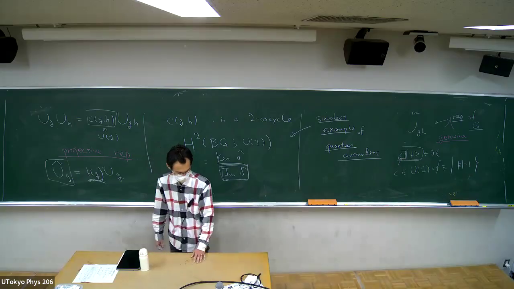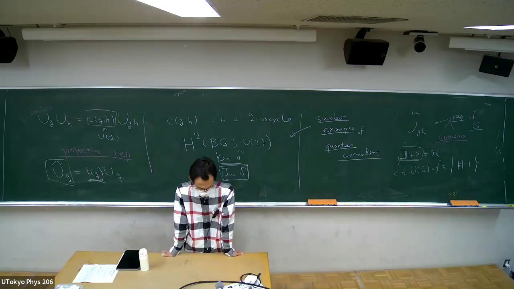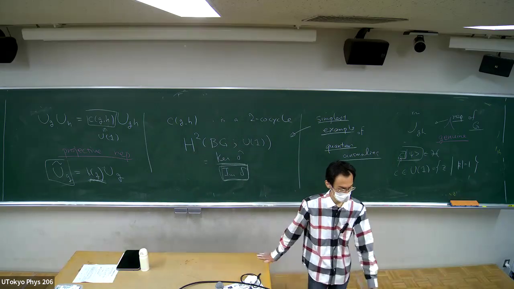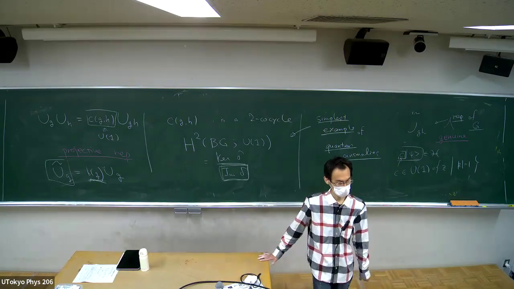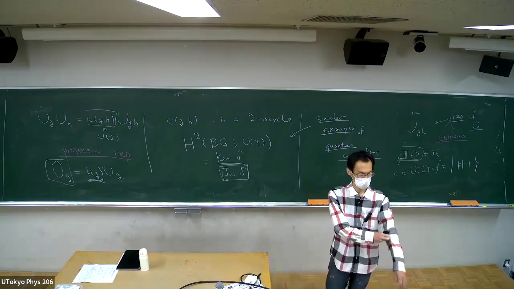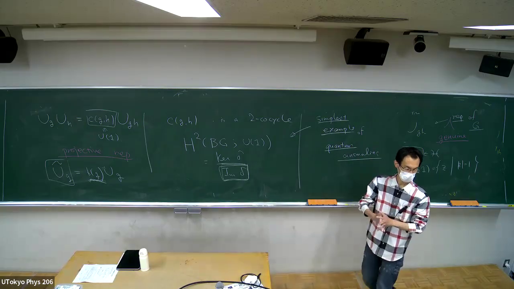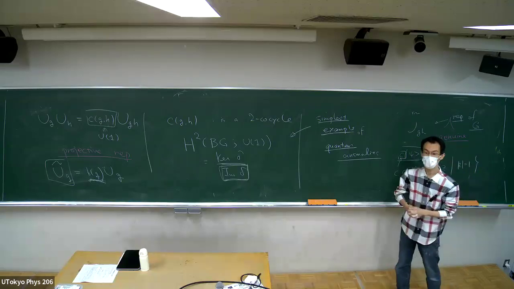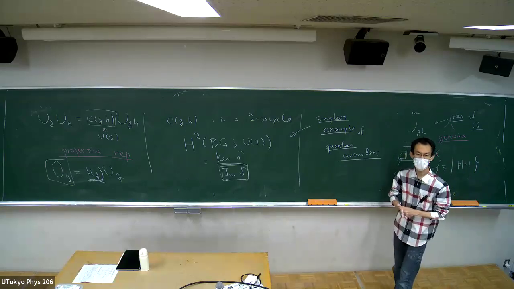Any questions? I know this is slightly ahead of the topic, but that's fine. You're going to use higher cohomology. That's right, SPT. I'm wondering, there's anomaly in 2D CFT, right? Trace anomaly.